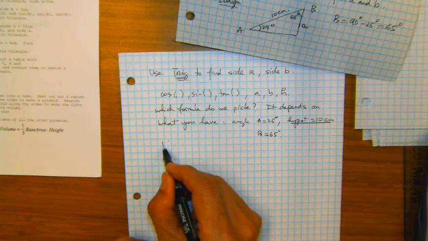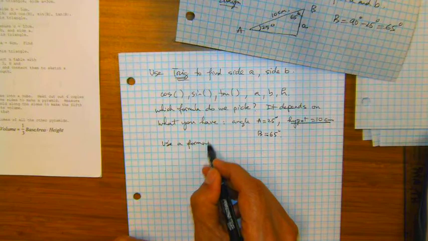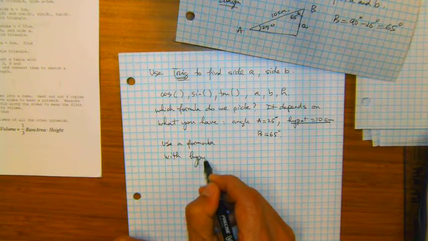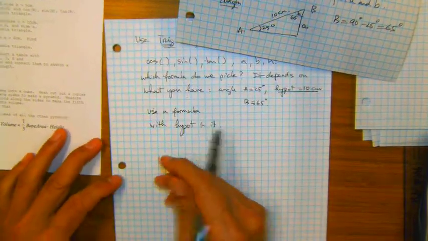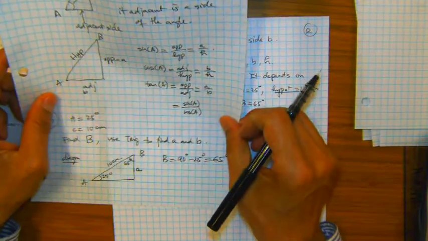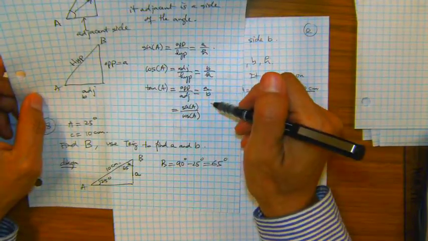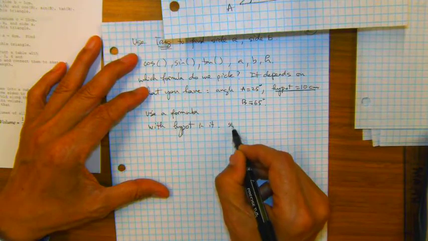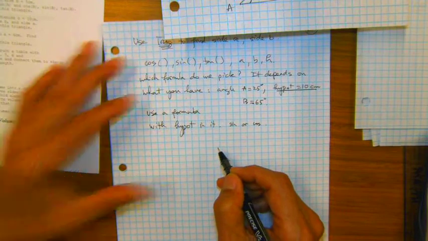So we want to use a formula with hypotenuse in it. Okay, so which formula has hypotenuse in it? Sine or cosine, because those are the ones that have hypotenuse in them. And so you pick an angle.